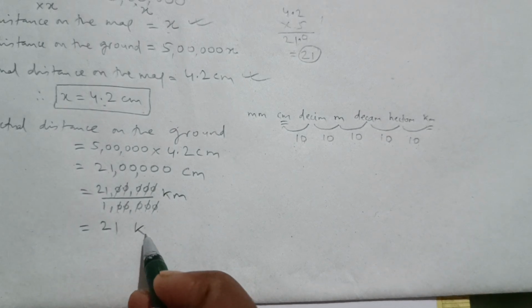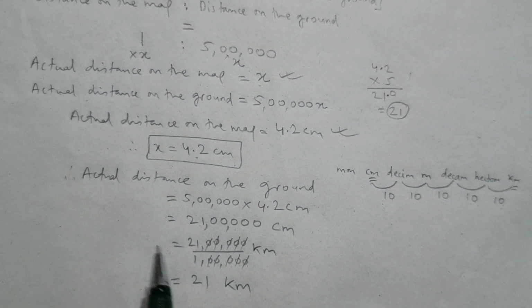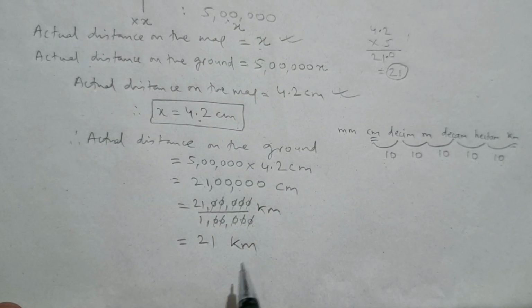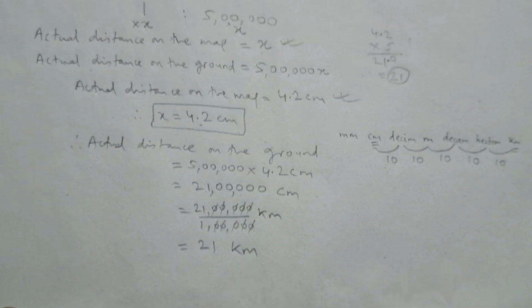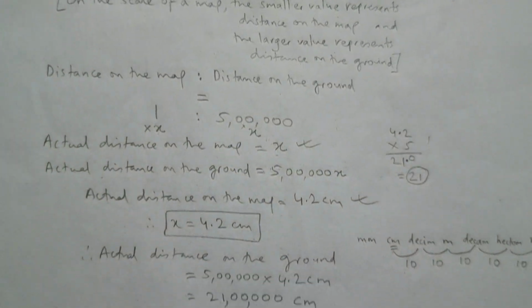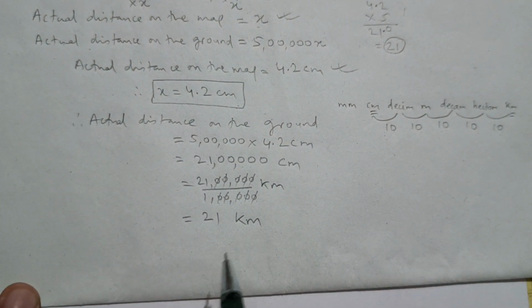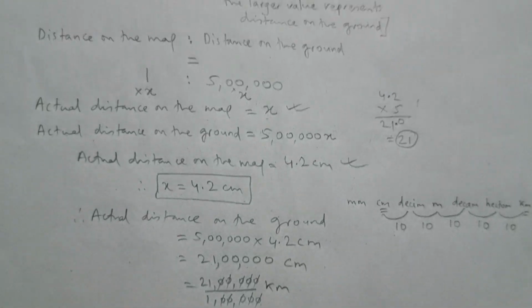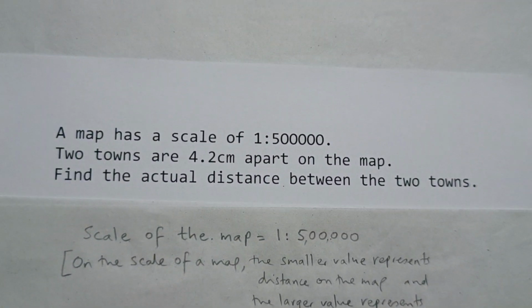So 21 kilometer. The actual distance on the ground between those two towns is 21 kilometer. This is how I have solved this particular question.